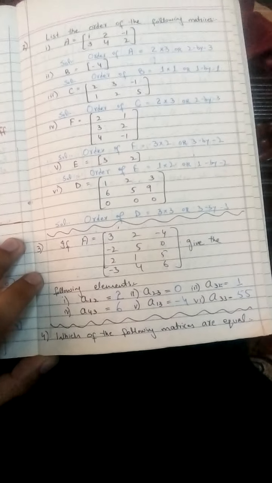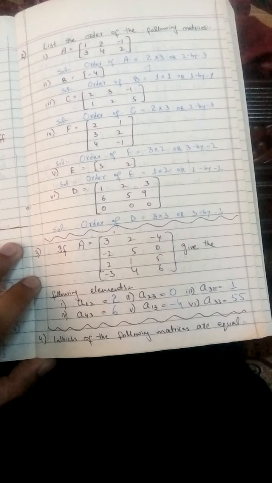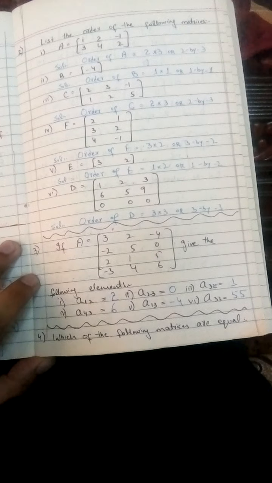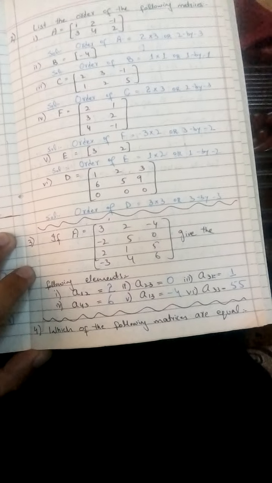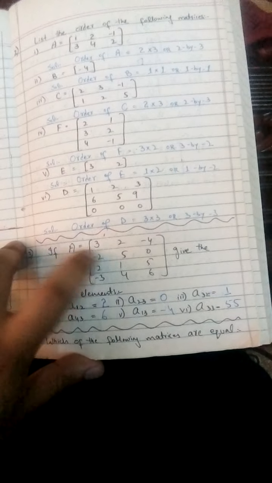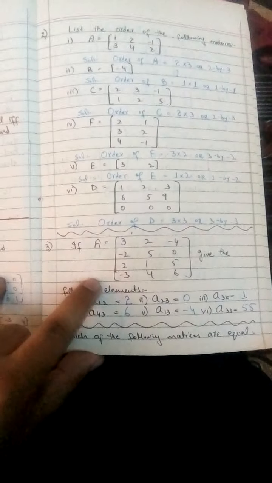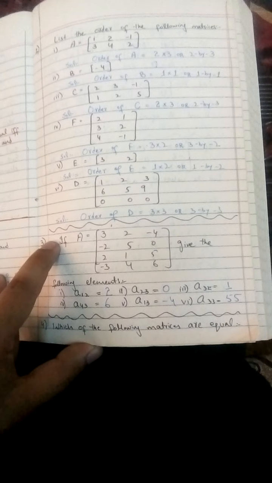he asks you to find the number of elements. In this matrix you have 1 2 3 4 rows and 3 columns, a rectangular matrix, and given the following elements, you have to find the element, not the number of elements.